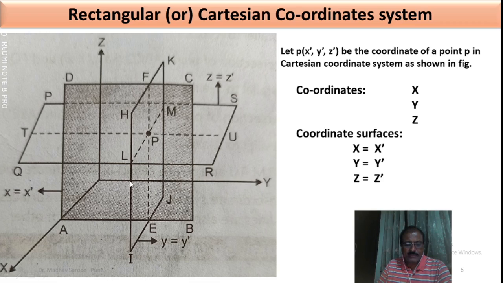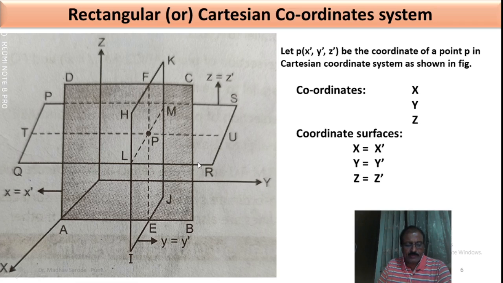So this is the plane y equal to y dash, and therefore the equation y equal to y dash represents the plane surface parallel to the zx plane, and that's why this is the surface y equal to y dash.